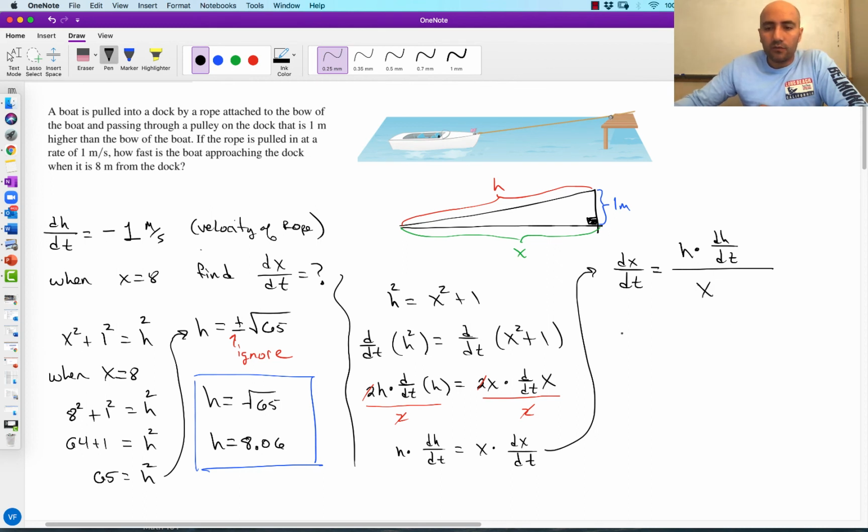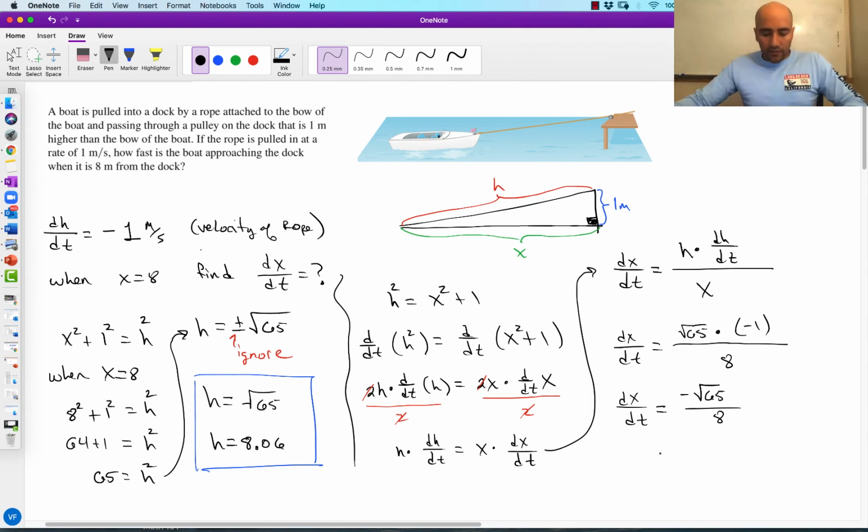Okay, so dx/dt is equal to h, which was root 65, times dh/dt, which is equal to -1, divided by x, which we said was 8. So dx/dt is equal to -root 65 divided by 8.